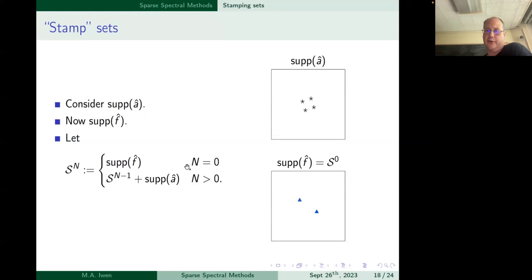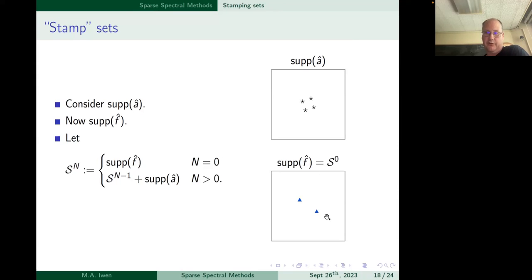So for n equals 0, our 0th level stamping set, we're going to include the support of the forcing function. Our linear system, we're trying to match to the right-hand side, which are the Fourier series coefficients of f. We certainly need to solve the equations where the magnitude of the right-hand sides of those equations are largest.